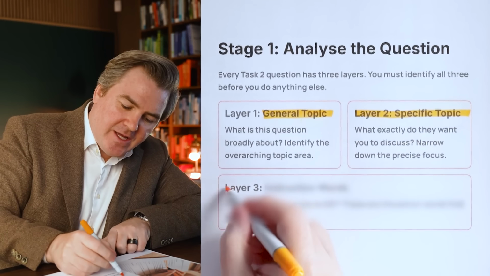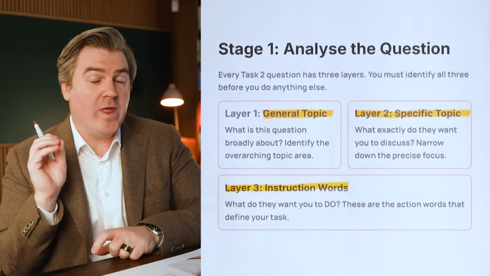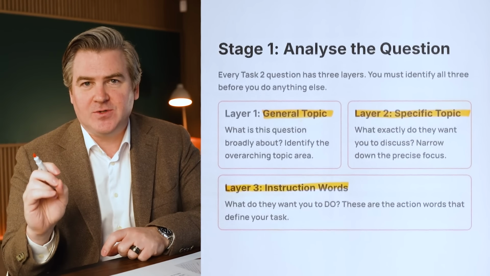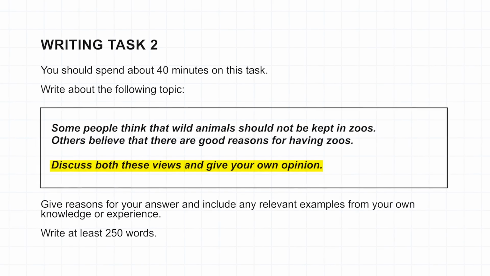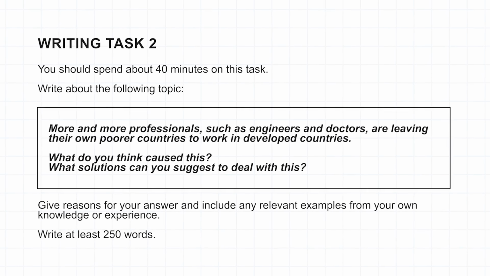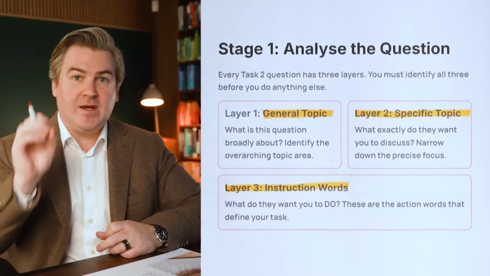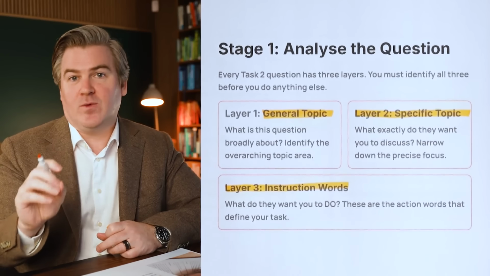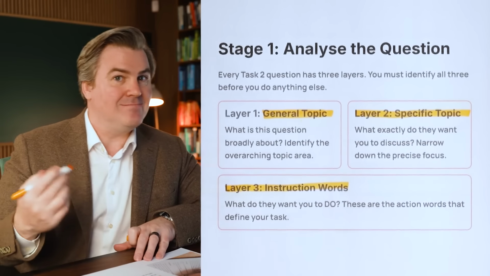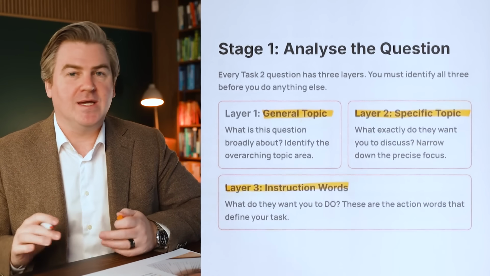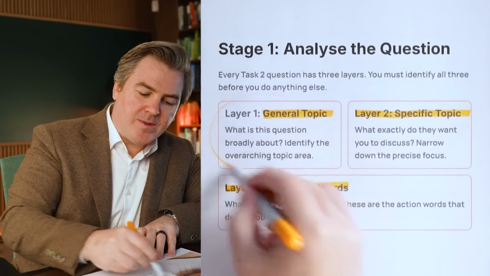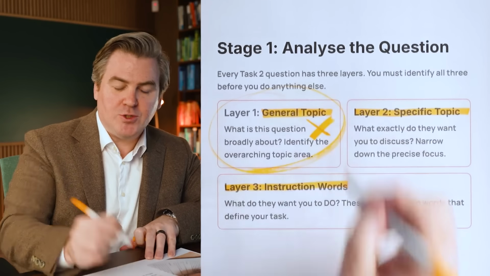And then layer 3 are the instruction words. They are telling you exactly what to do. Some questions might say, give your opinion. Other questions might say, discuss 2 different opinions. Others might say, what are the causes and solutions? They are telling you exactly what they want to know. And most students don't actually pay attention to this and just write very quickly as much as they can about the general topic. Do not do that.